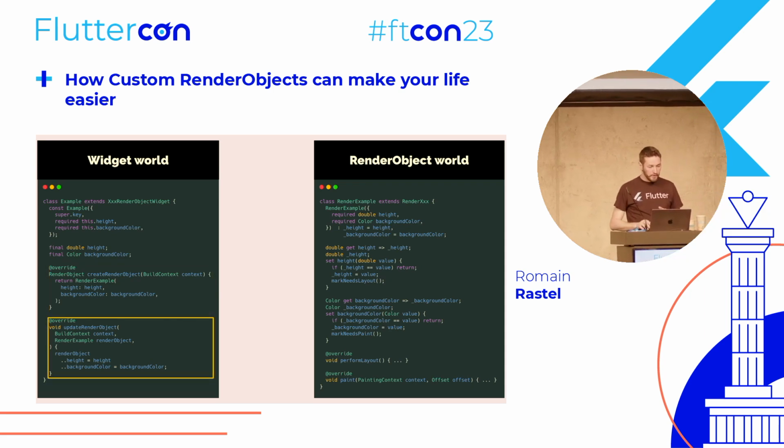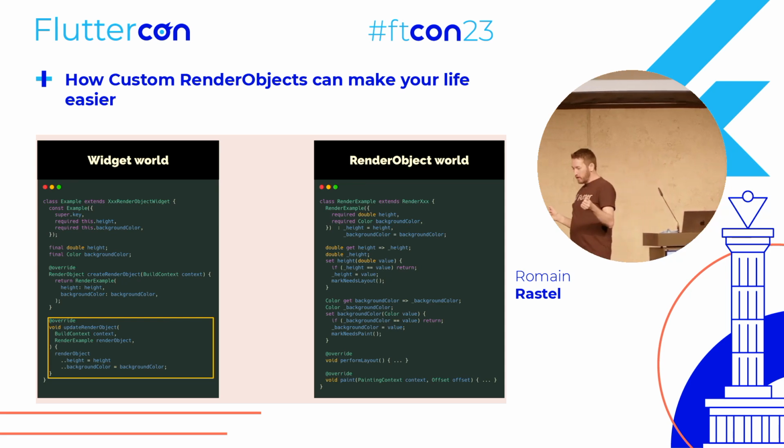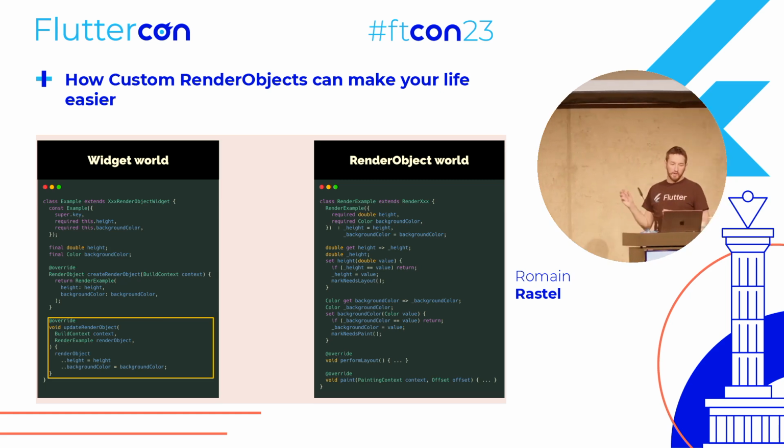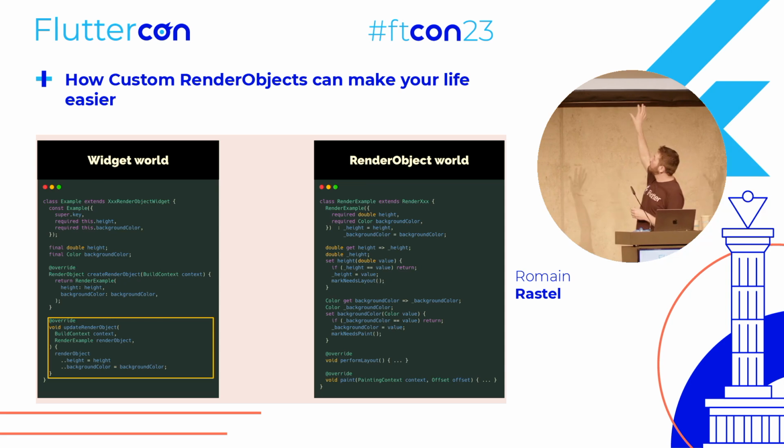And the second method is called when a new instance of the widget is created. Flutter will call updateRenderObject, and it will pass the instance we have already created in createRenderObject as a parameter here. And we have to mutate the properties we have in the render object.